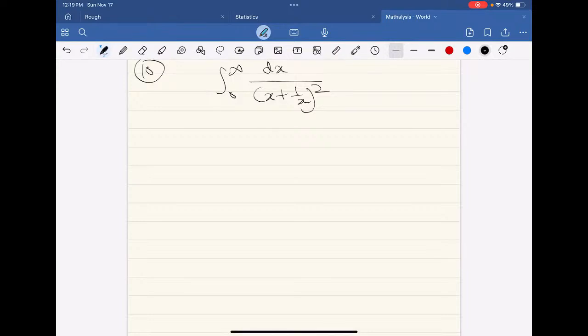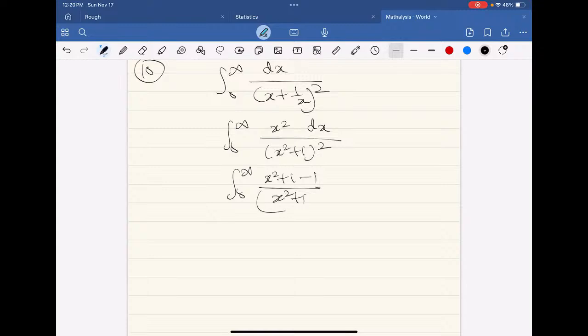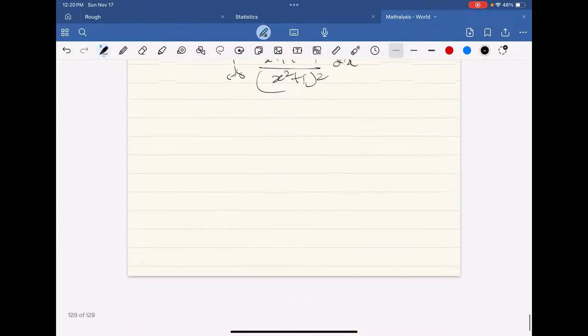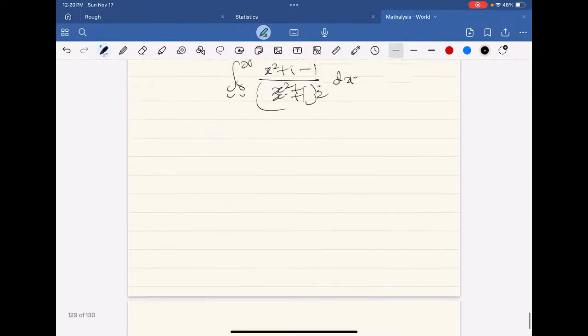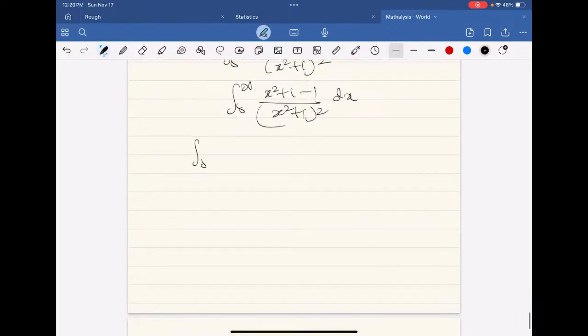I can write it like x square dx divided by x square plus 1 square. Now I can write this as x square plus 1 minus 1 by x square plus 1 square dx. Then I can write it as the integral from 0 to infinity of 1 by x square plus 1 minus 1 by x square plus 1 square dx.